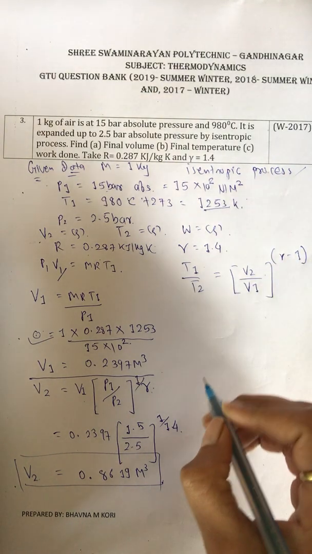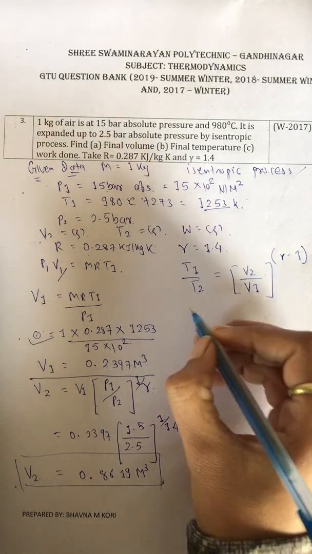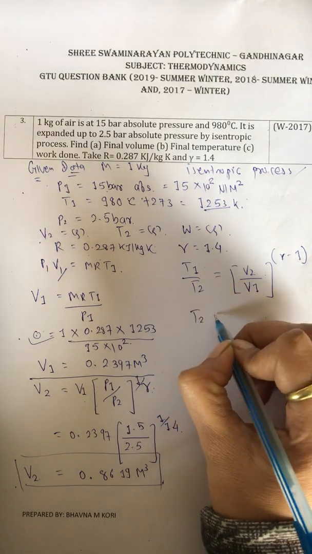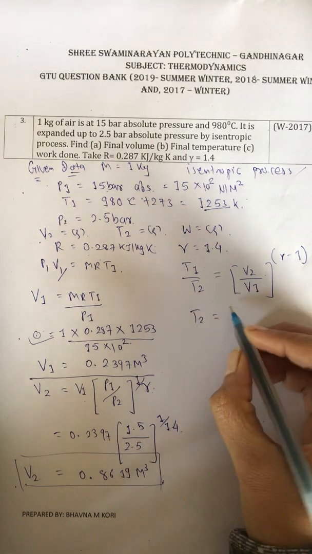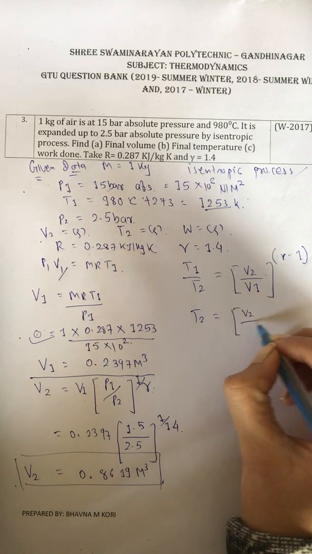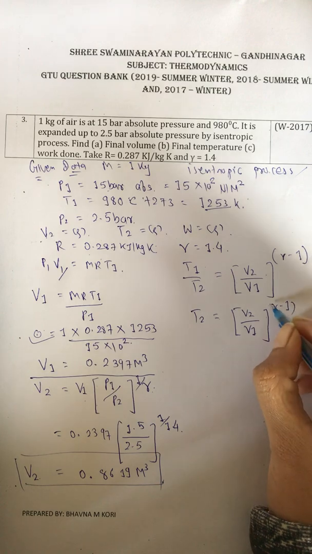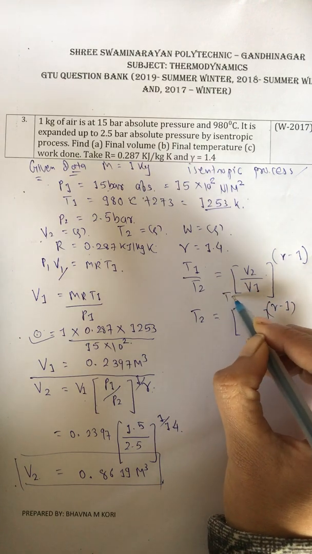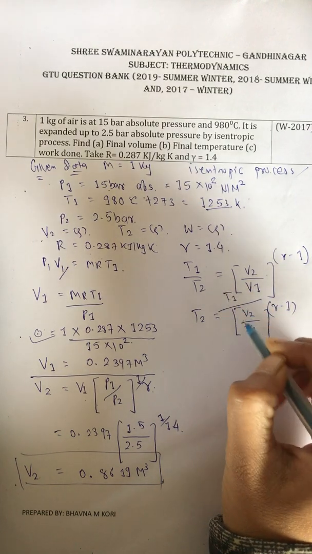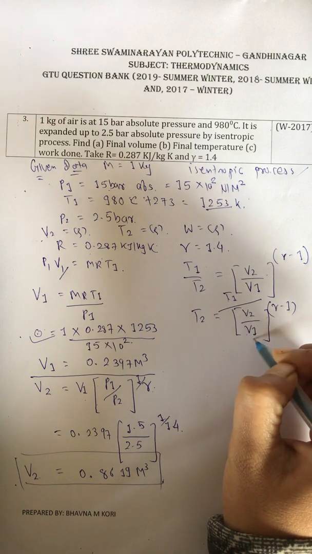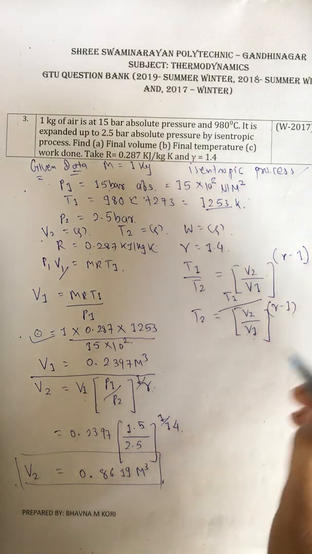First of all make T2 the subject. T2 is equal to T1 by (V2 by V1) raised to gamma minus 1. Put all the values.